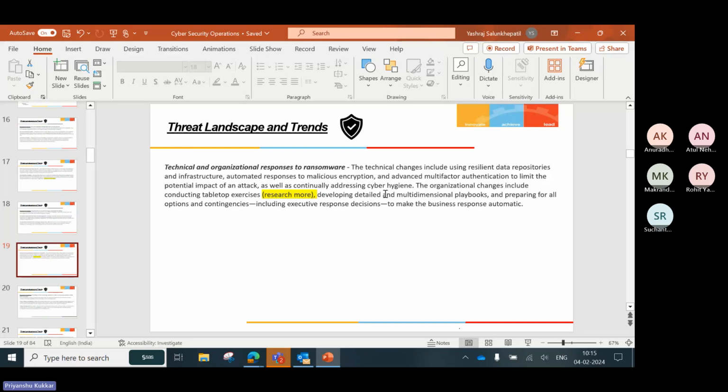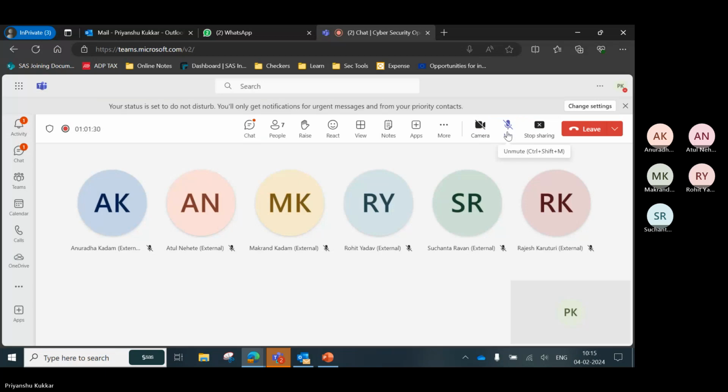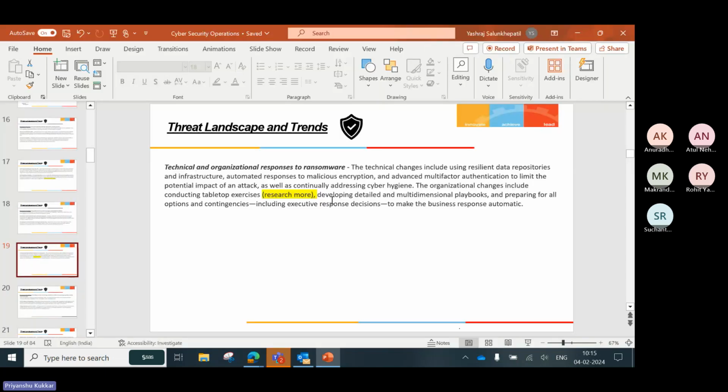The operational changes include conducting tabletop exercise, developing detailed and multi-dimensional playbooks, and preparing for all options and contingencies, including executive response decisions to make the business response automatic. Okay.